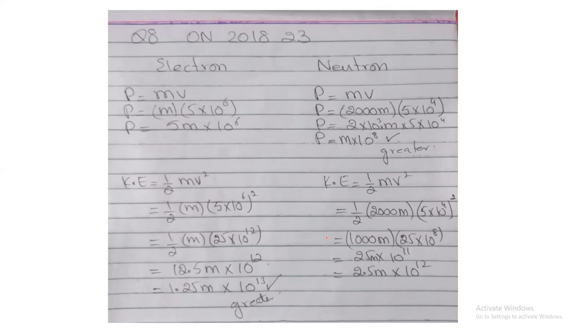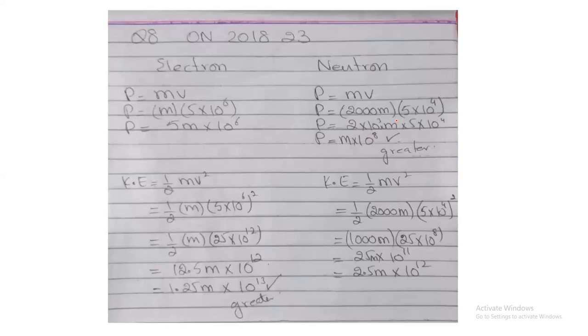So that will be 2 expo 3 multiply m multiply 5 expo 4, so that will be m expo 8. You see how you compare them, because it has the larger 10 raised to power. The power of the 10 is greater here, so the momentum of the neutron is greater.